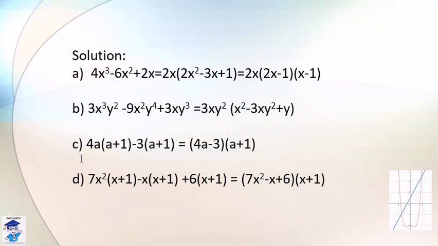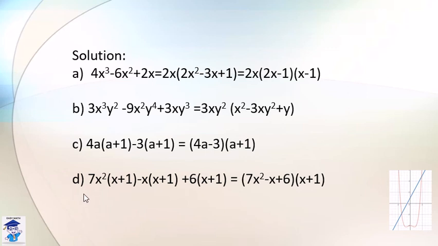As number C, 4a times a plus 1 minus 3 times a plus 1. So we can see the same term is a plus 1, so we just take it out and leave 4a minus 3. So the number C answer is 4a minus 3 times a plus 1.